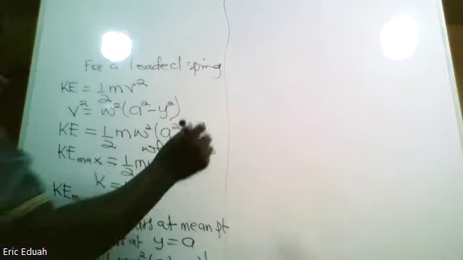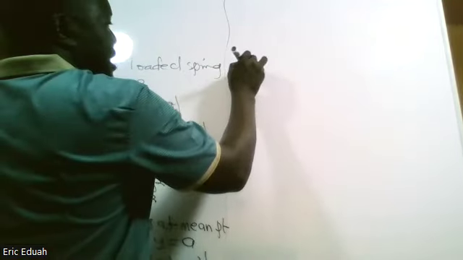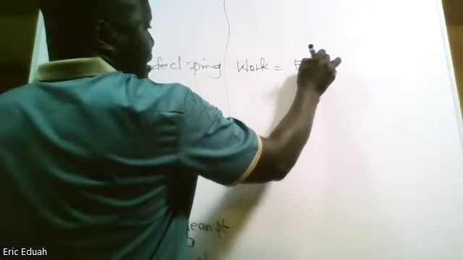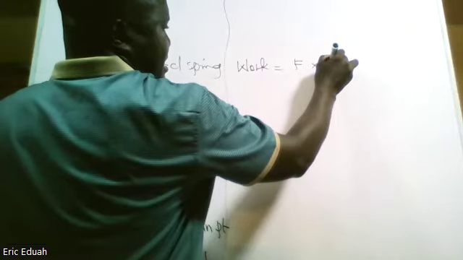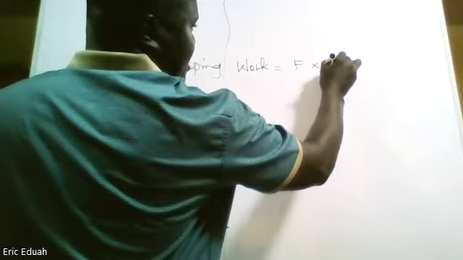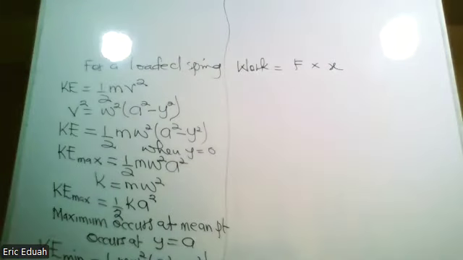So what is this work done? Work equals force times distance. But the distance here is the extension of the spring, so the extension x.